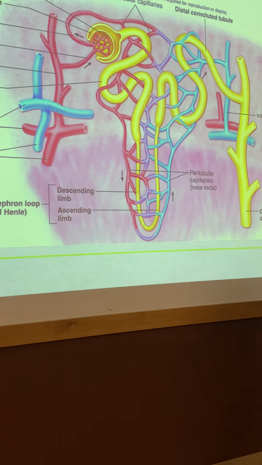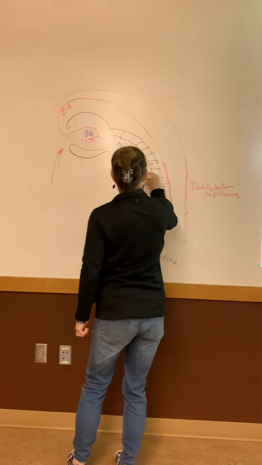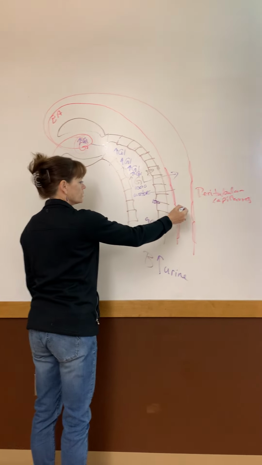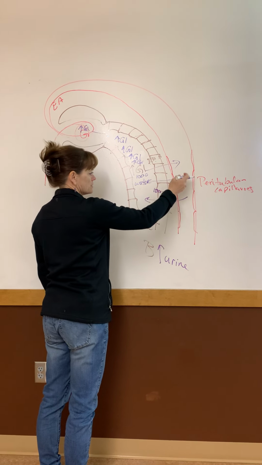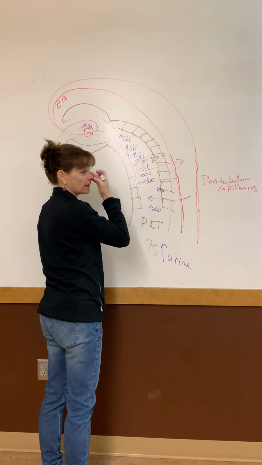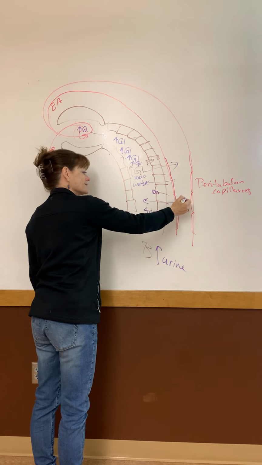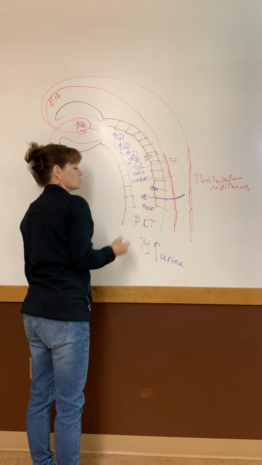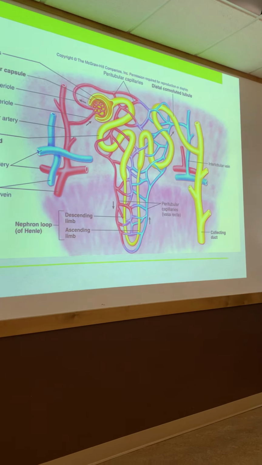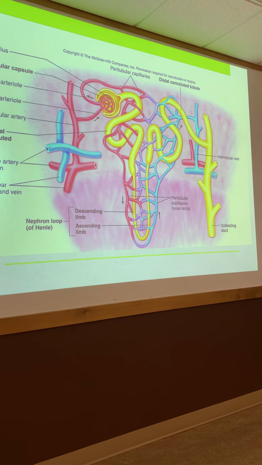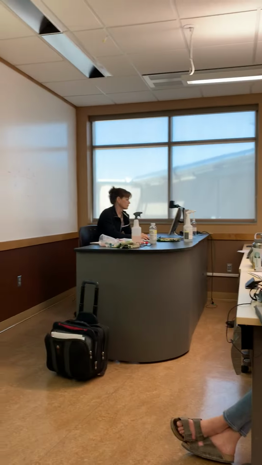So reabsorption goes this way. Secretion goes this way. So if there's anything in the bloodstream that we'd like to get rid of a little extra of, we can secrete it from the blood into the tubule and get rid of it that way, if it didn't get filtered out. But we're not going into those mechanisms.